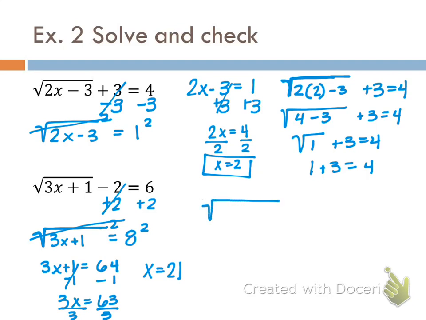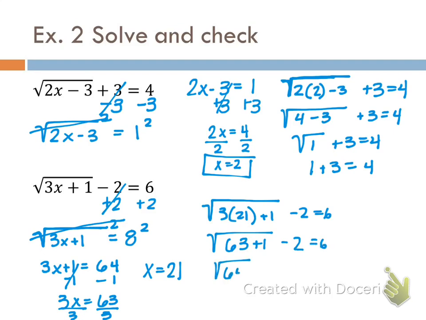Square root of 3 times 21 plus 1 minus 2 is equal to 6. 3 times 21 is 63 plus 1 minus 2 equals 6. 63 plus 1 is 64. What's the square root of 64? Does 8 minus 2 equal 6? Yes. So I know that this is a valid solution.